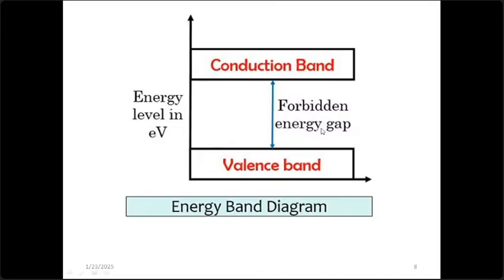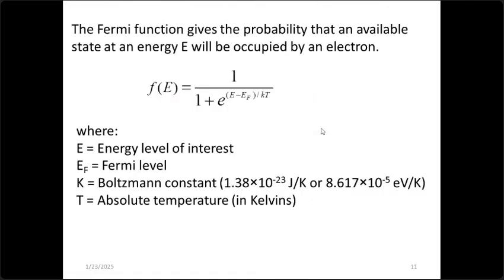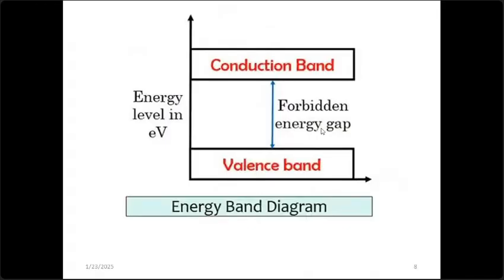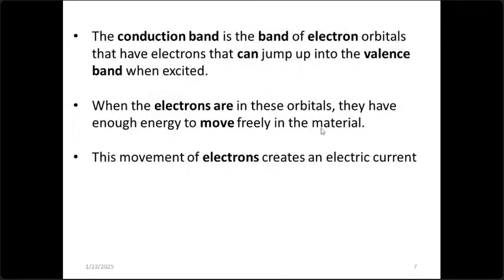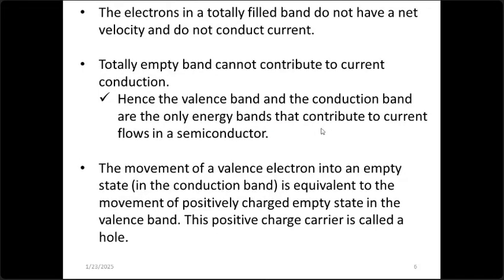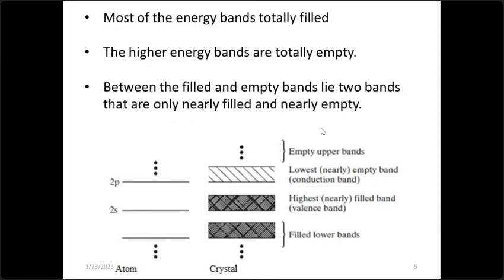That distance, we can call it energy gap or forbidden gap. When we say forbidden, we mean in this energy gap, we don't allow any energy states to be formed here. That's the reason we call it energy gap.